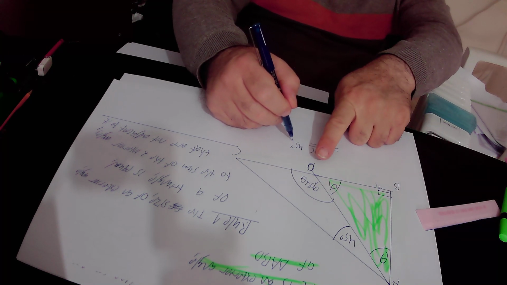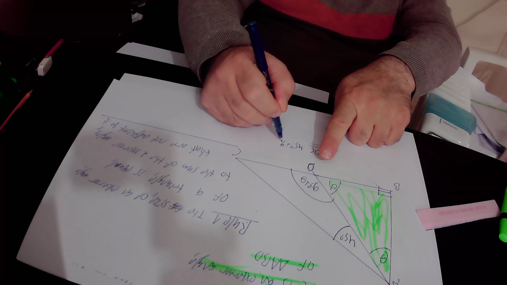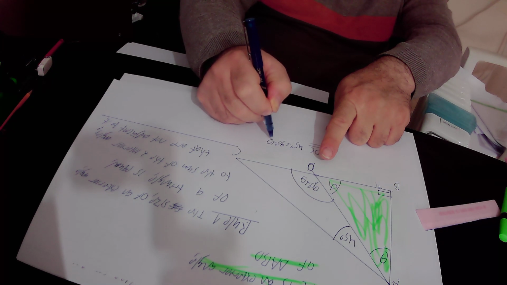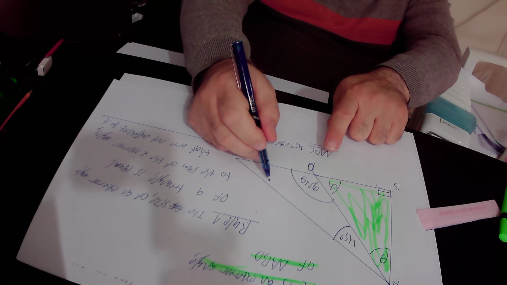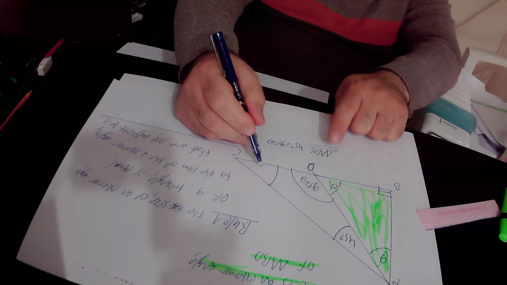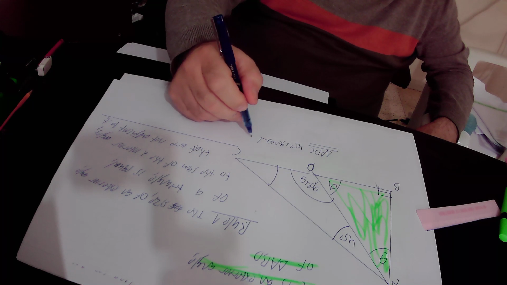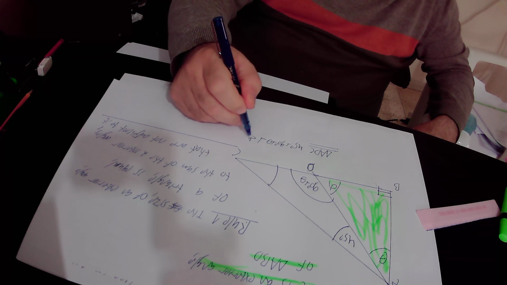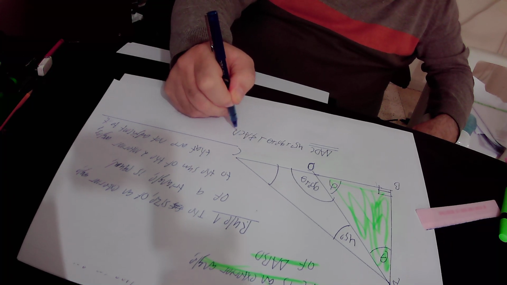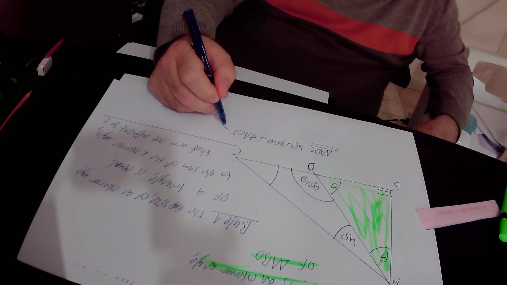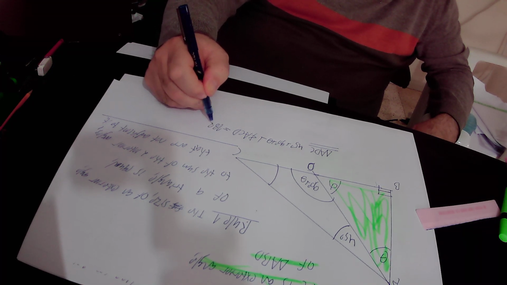We have this angle that is equal to 90 degrees plus theta. And we have this angle, the missing angle, angle ACD. In total, the sum of those three angles must be equal to 180 degrees.